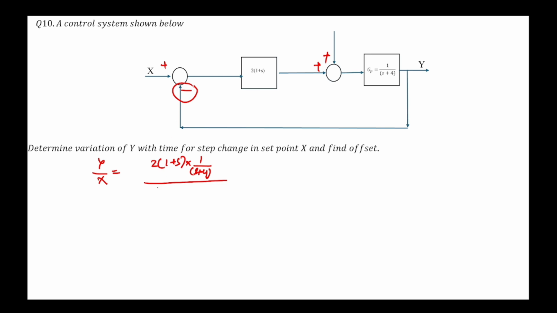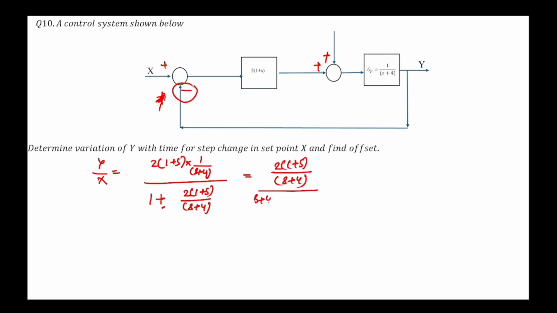Okay, this is minus, so 1 plus 2(1 plus s) upon (s plus 4). If in the diagram it is plus, then this becomes minus, but in the diagram it is minus. Okay, so 2(1 plus s) upon (s plus 4) divided by (s plus 4) plus 2(1 plus s) upon (s plus 4).